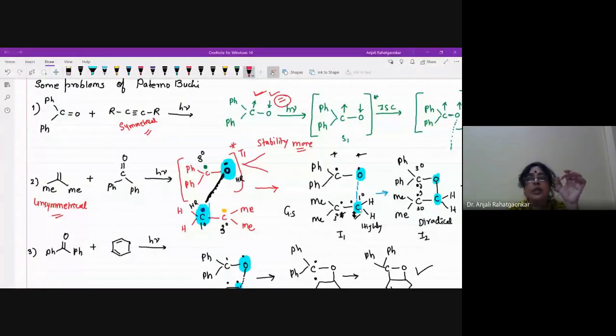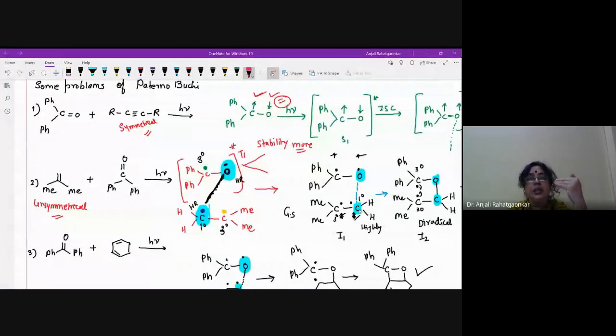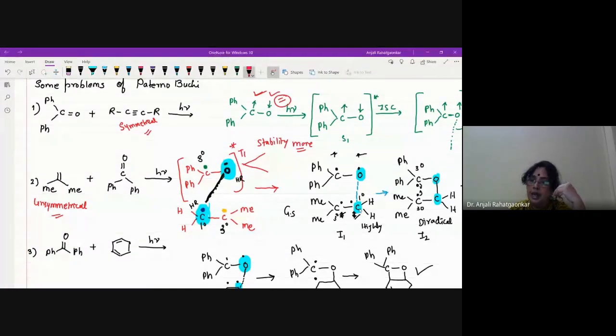So you have to first identify which are the most reactive centers in both the species, that is, in the carbonyl containing compound as well as the alkene. Identify the most reactive species and make a connection between both, and you will get the formation of another intermediate, which is nothing but the diradical, and that diradical is highly stable.